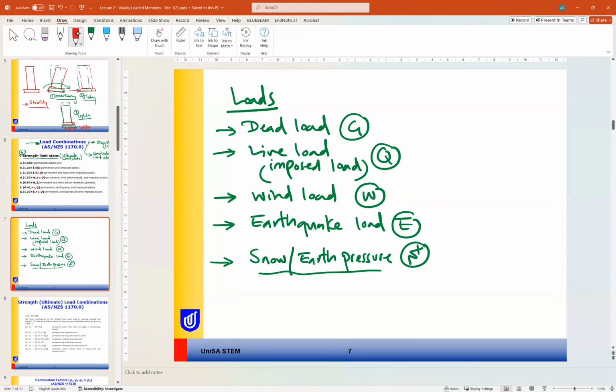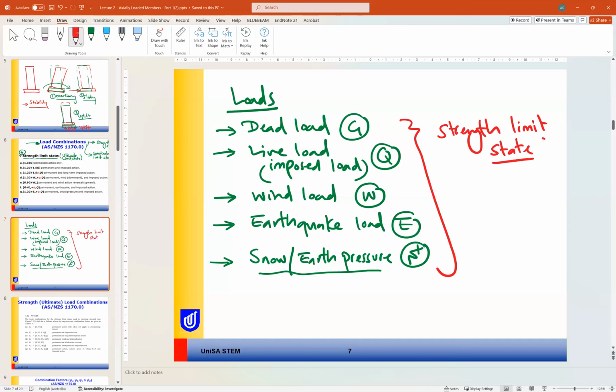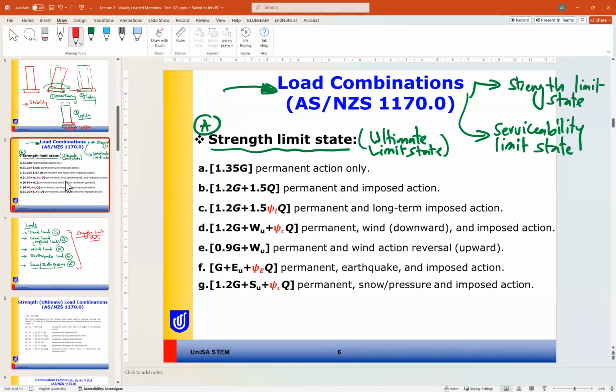So the design criteria according to strength limit state consider some combinations of these loads because all these loads will not be applicable to the structure at once or with the same intensity at once. So we need to consider some load combinations like what we will discuss now.